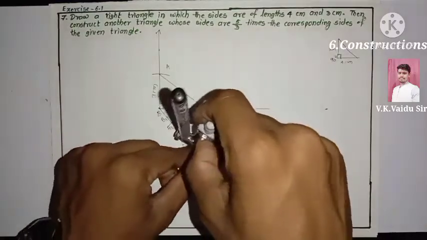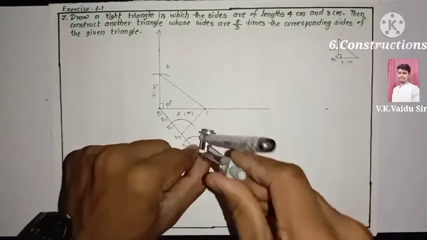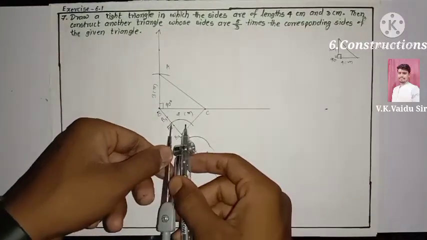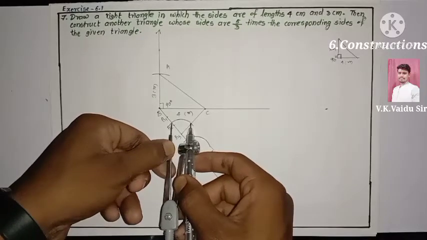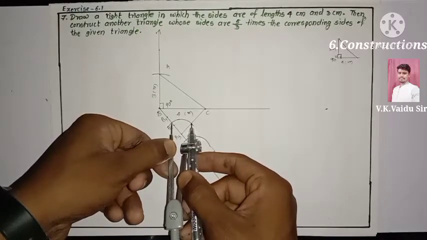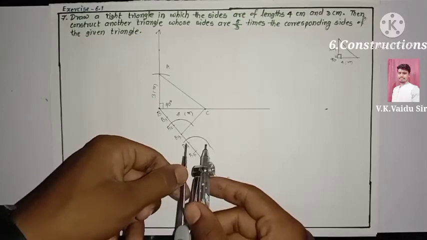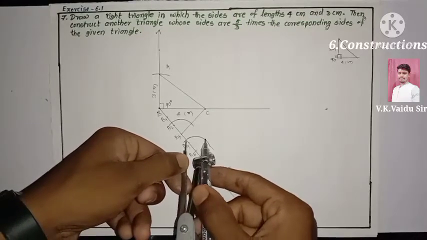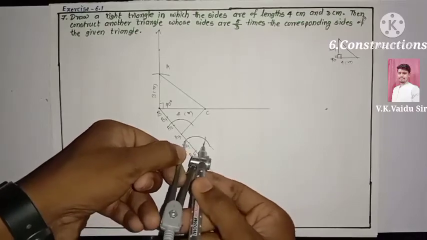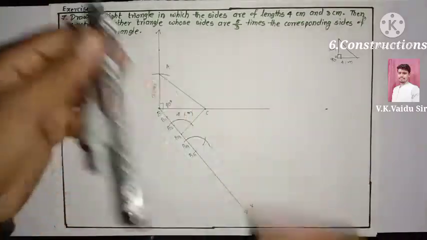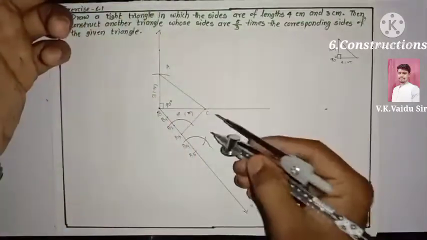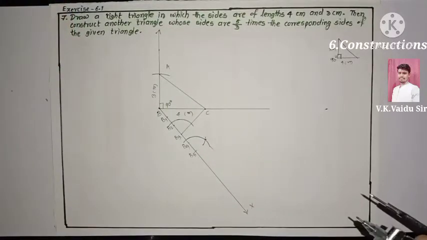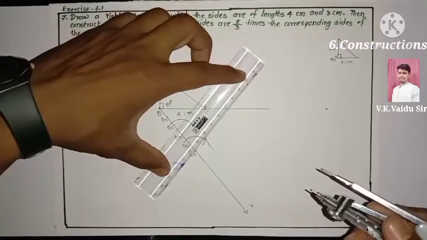Now through this intersecting point and B5, draw one line segment.